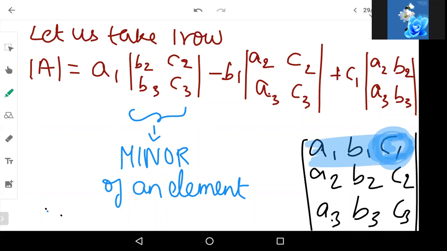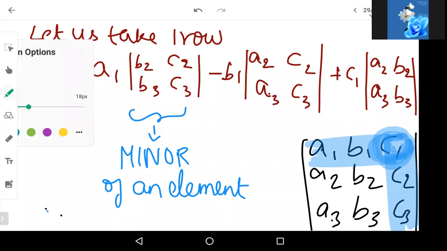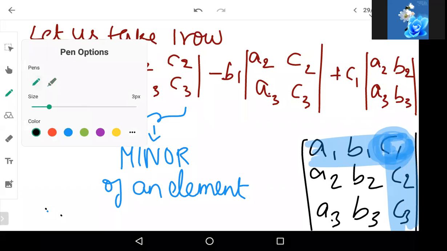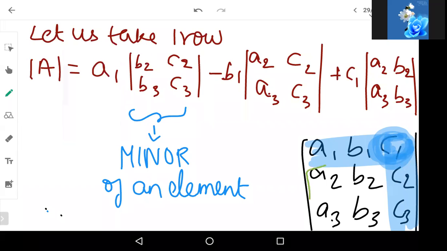And since C1 is also part of the third column, we are going to leave out the third column also. Once we leave the third column and the first row, what else is remaining with us? The remaining is A2, B2, A3, B3. So this has to be taken for the calculation of the determinant.